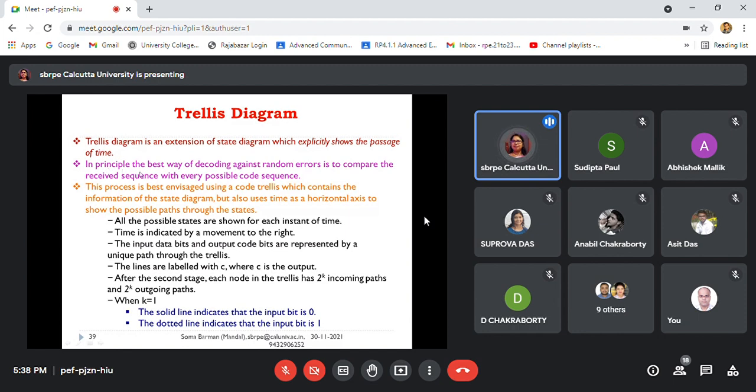In principle, the best way of decoding against random error is to compare the received sequence with every possible code sequence. I will consider this using an example, on how to decode the information. This decoding is based on the Viterbi algorithm, which is nothing but deciding which path is surviving and which one is not.